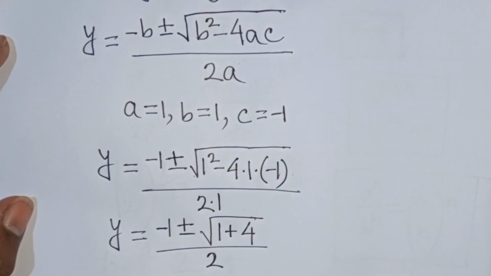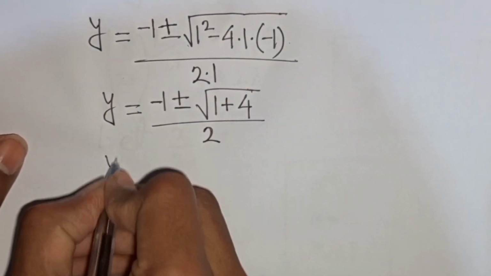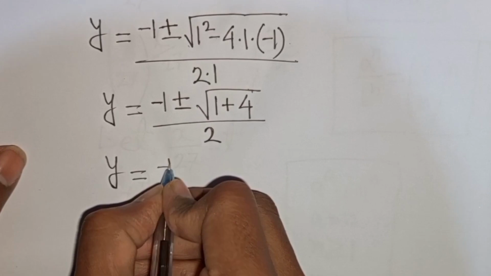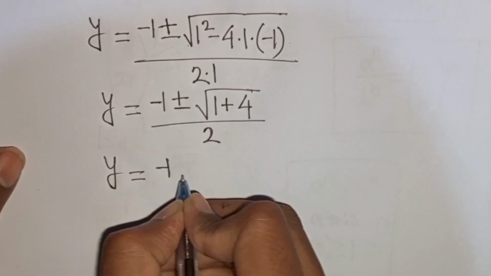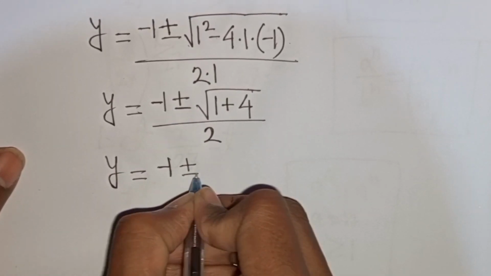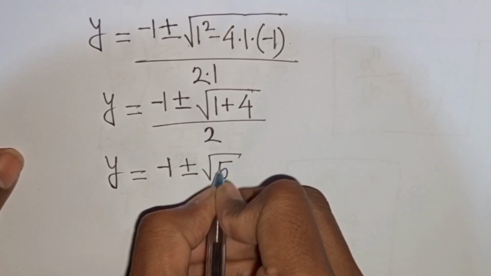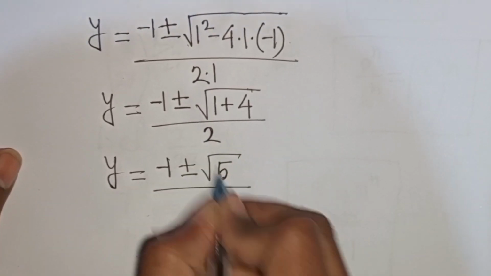Now I can write here y is equal to minus 1 plus or minus square root of 1 plus 4, that means it will be 5, then divided by 2.